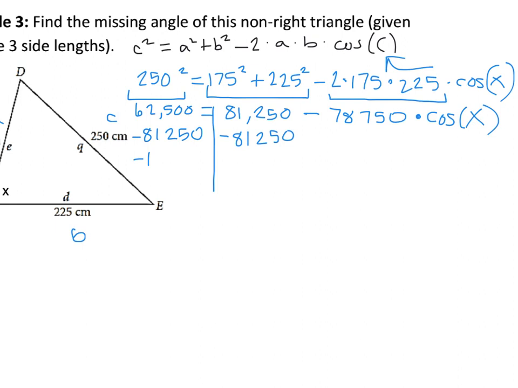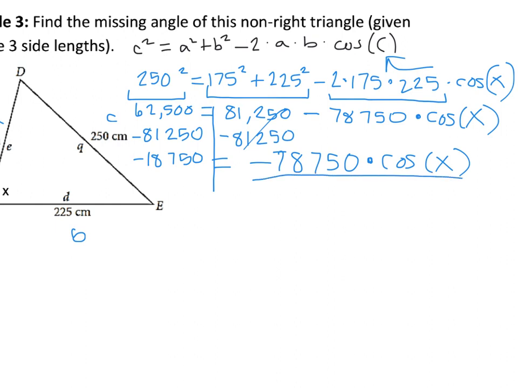So we get negative 18,750, which equals, so that's gone, negative 78,750 times the cosine of x. So we need to get cosine of x by itself, so we're going to divide on both sides by negative 78,750.